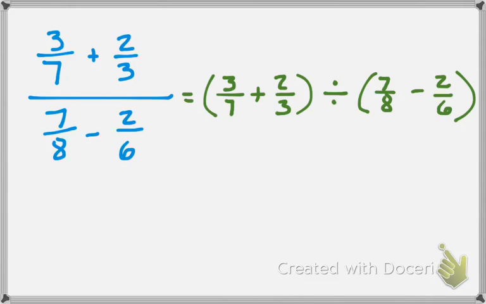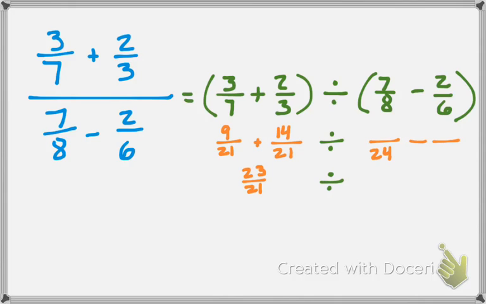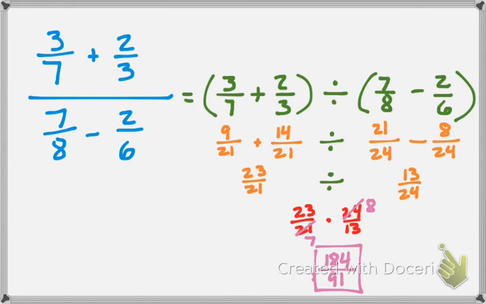And because they were in the numerator, we're going to do 3/7 plus 2/3 first. And because they were in the denominator all together, we're going to do 7/8 minus 2/6 first before we do the final division. So it will look something like this. We've got ourselves our common denominator on the left, common denominator on the right.